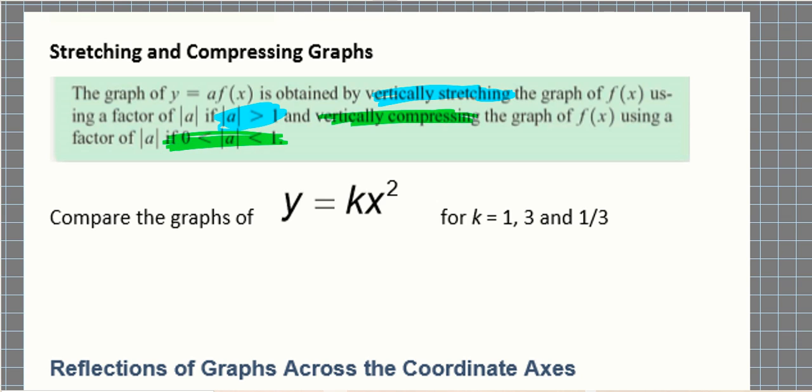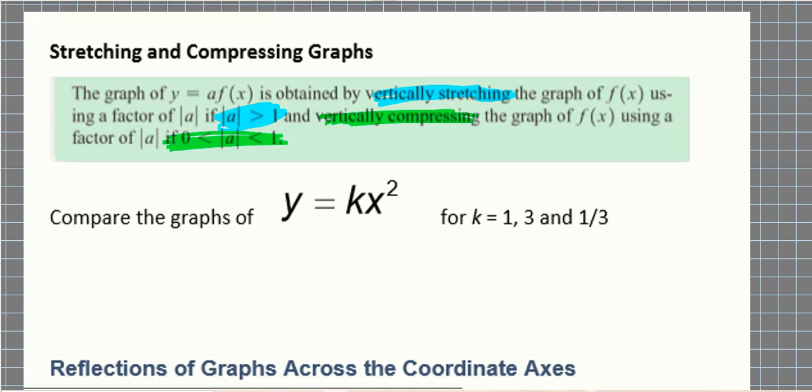So a vertical stretch means the number in front of your function is greater than 1. When you are vertically compressing, the number in front of your function is between 0 and 1.